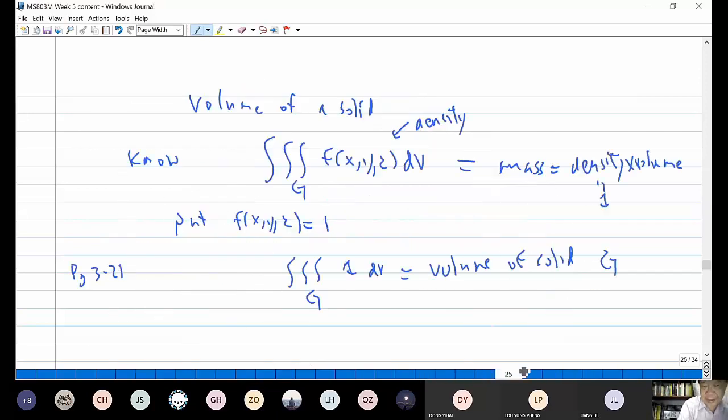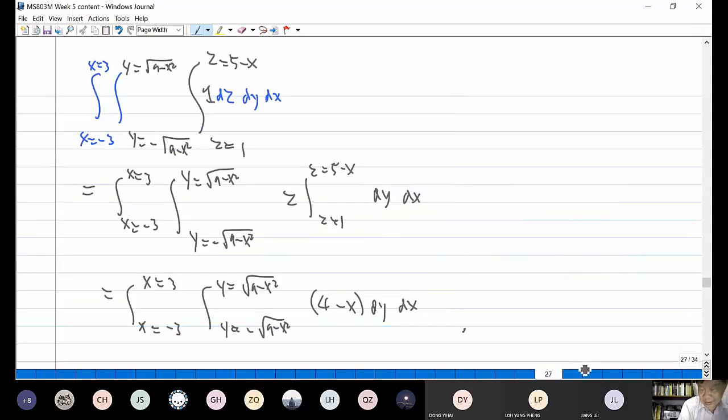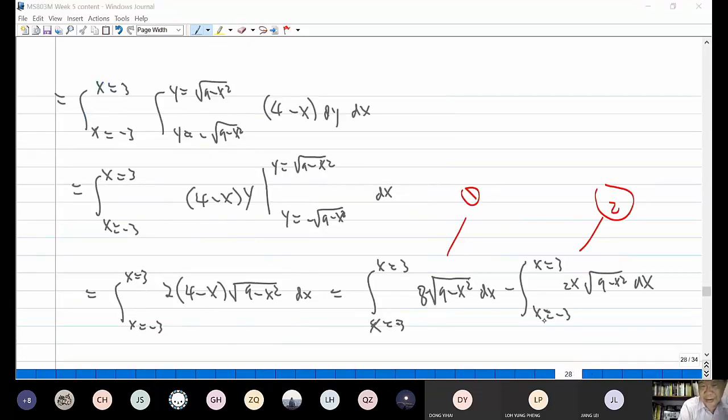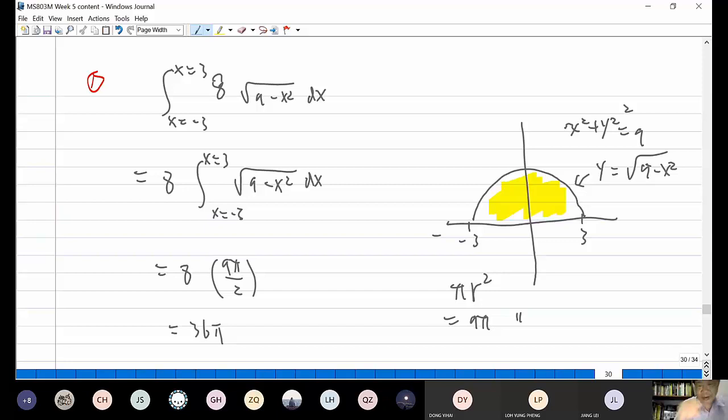So this question has a lot of clever methods, as in the last question, to figure out the integral. Otherwise, you'll find a lot of hard ways to find the integral. This one is 0, very easy to visualize. And the first one is 36 pi, just using geometrical meaning.